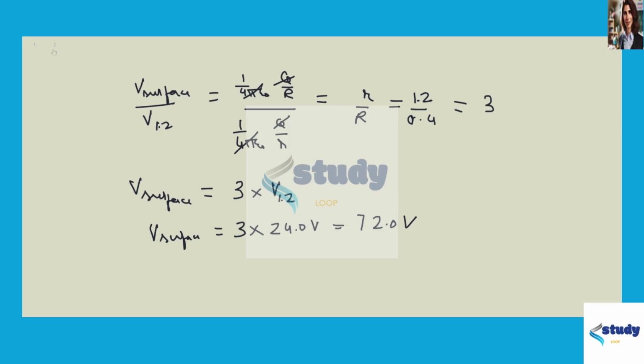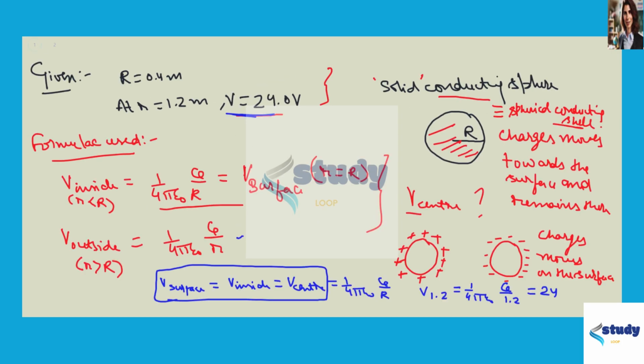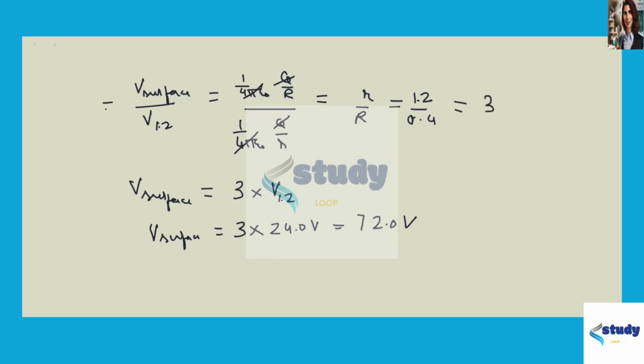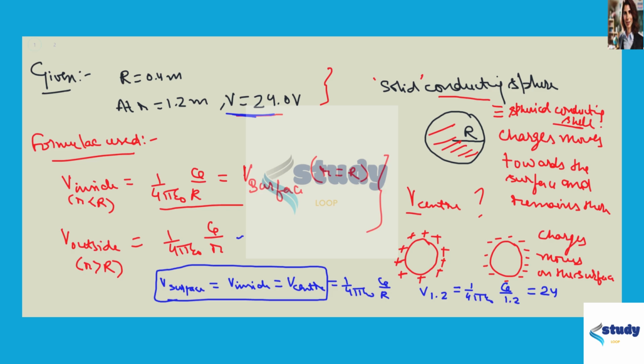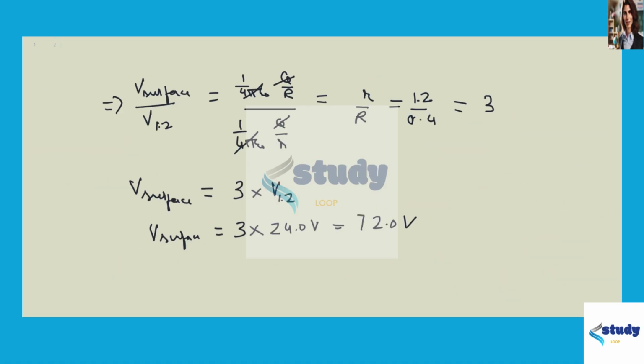We could find the Q here using this equation because we know everything here except Q. But we don't need to find Q because we just use this ratio method to find out the value of the V surface. And we know that V surface equals to V inside, which is equals to V center. So this is equal to the same answer. So V center is equal to 72.0 volt.